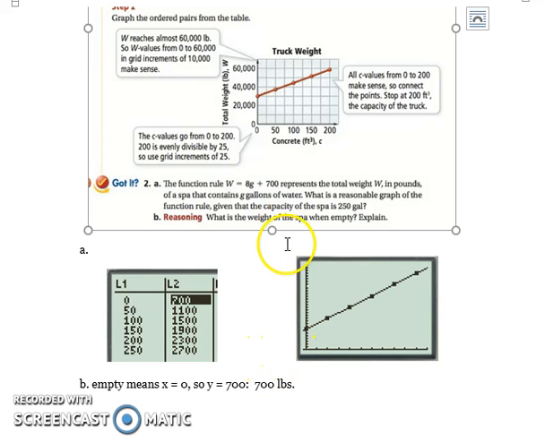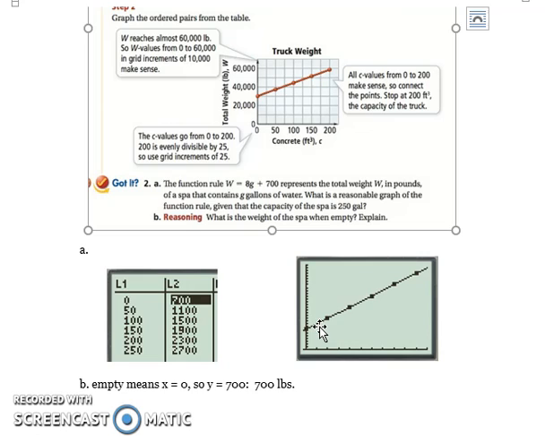The problem with the graphing calculator is it doesn't tell you right here on the picture what it's counting by. But since I counted by 50s and there's 2 marks right here, I'm guessing they're doing it by 25 again. And since this went from 0 to 50, it looks like it's counting by 5s, maybe, or 10s.